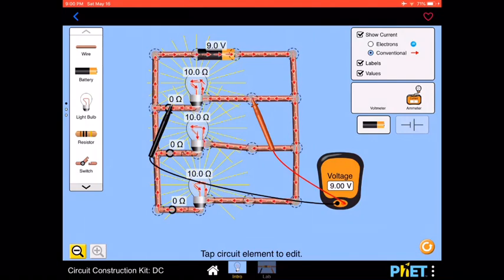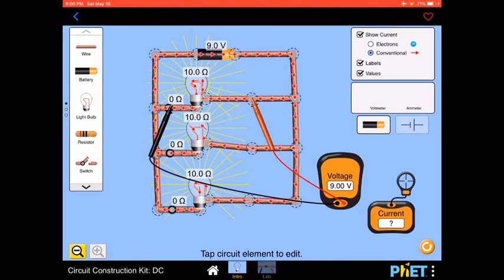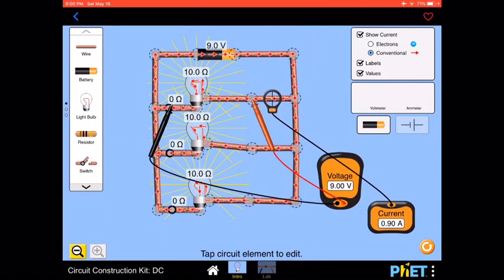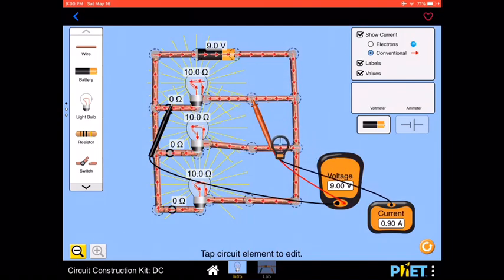So let's see what the current is in this particular circuit. Remember the last one was 1.8. And let's look at this. Whoa, there we see it is 2.7. The more resistors you have connected in parallel, the more the circuit current increases. So what is in each one here now? Each one is 0.9. What is that? Also 0.9.